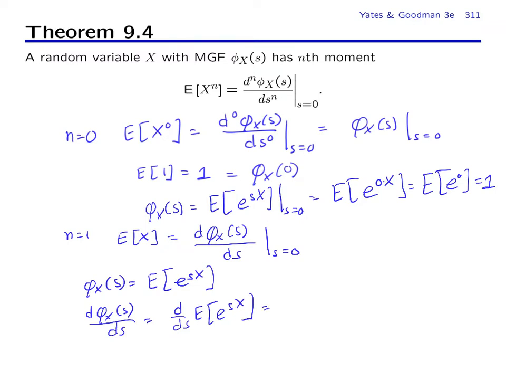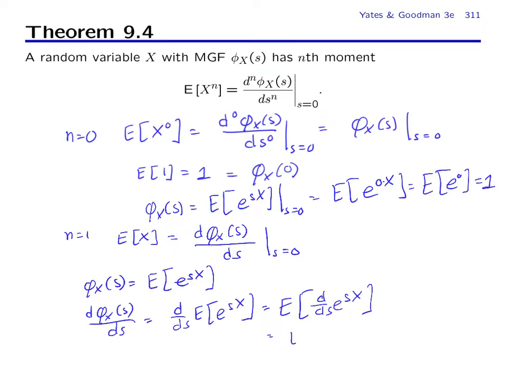And you have to know a little bit about calculus, but in fact, because this expectation represents an integral of the density function, you can exchange the integration, the expectation, and the derivative, and you get E of d/ds of e to the sX. Now, with respect to the random variable X, it's just a constant with respect to taking a derivative with s.